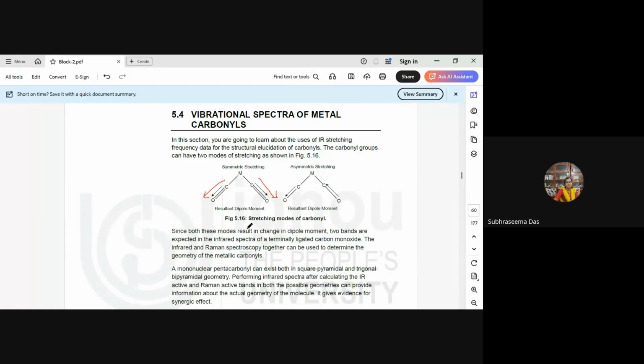But in the second case, the CO are stretched in the opposite direction. So this case is called asymmetric stretching. This is how we identify the two different vibration modes that are possible in case of carbonyl.